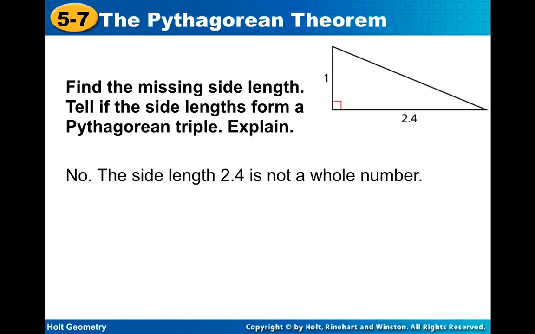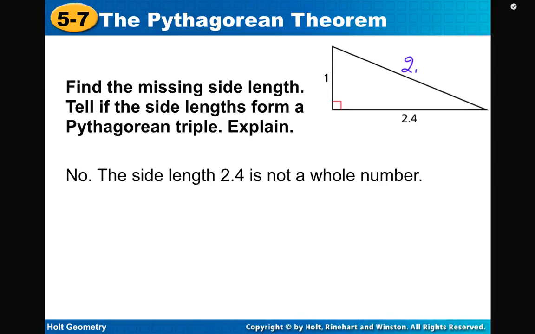I just answered the second question. Okay, what's the missing side? Let's see, 2.4 squared plus 1 squared, .76 square rooted. I get 2.6 for the missing side. So to make sure I did everything in the directions. Missing side 2.6. The answer is it still is not a Pythagorean triple.